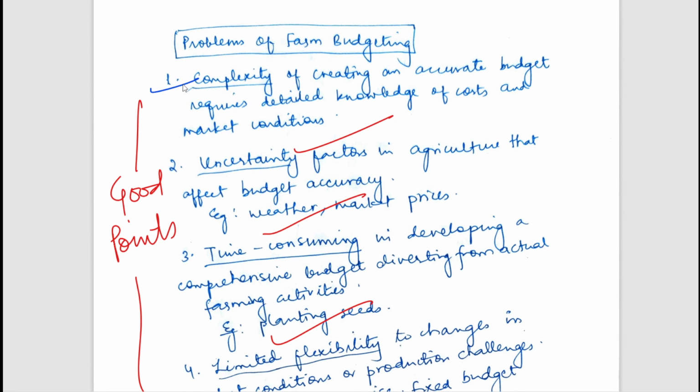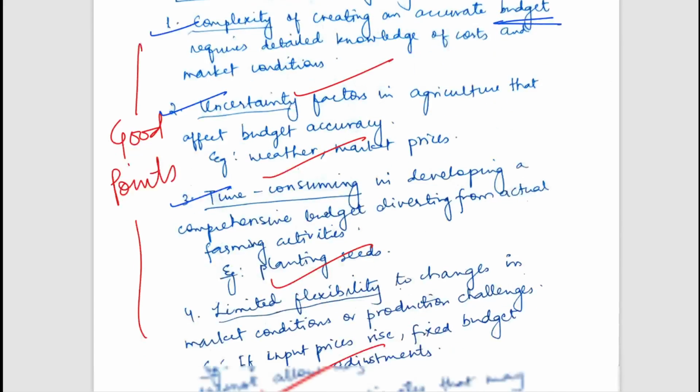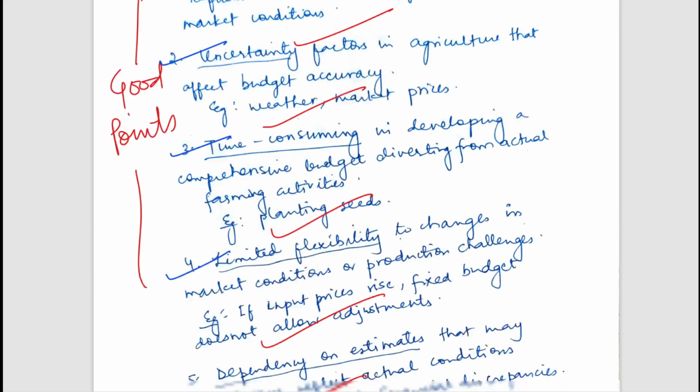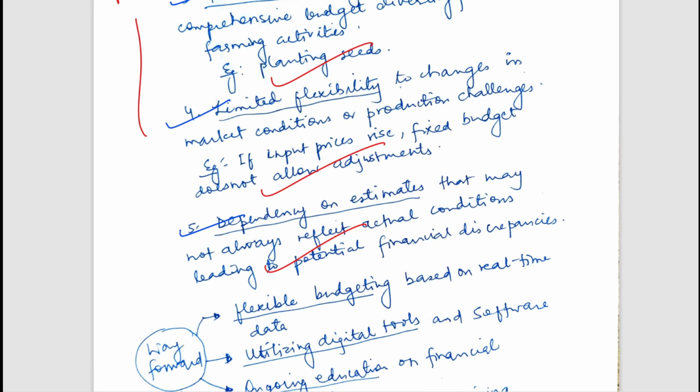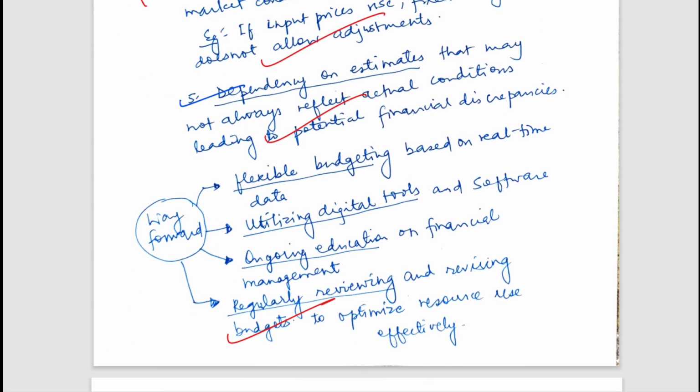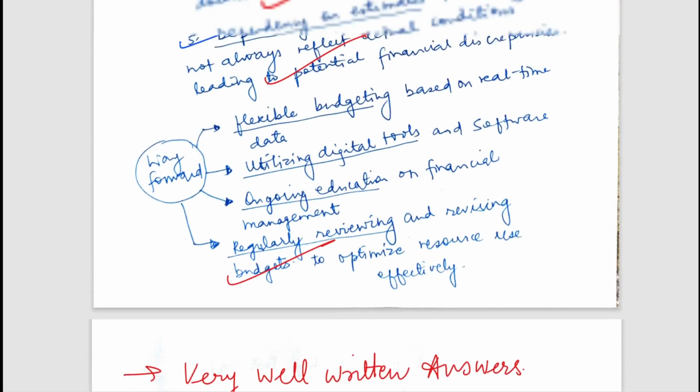There is certain complexity in making budgets. There are various complex things to manage a budget accurately, and for a small farmer it becomes difficult. There are uncertainty factors. Some factors are time consuming. There is limited flexibility in some factors. We have to depend on estimates, which can sometimes be riskier. So, a very well written answer, and the way forward has also been mentioned.